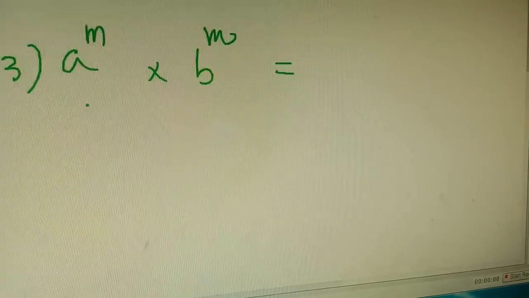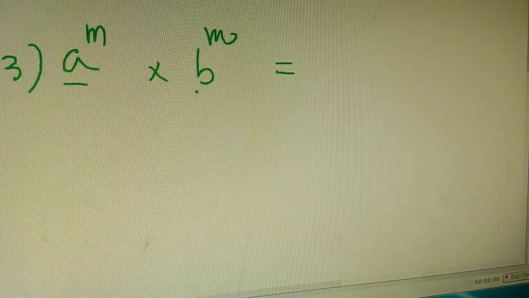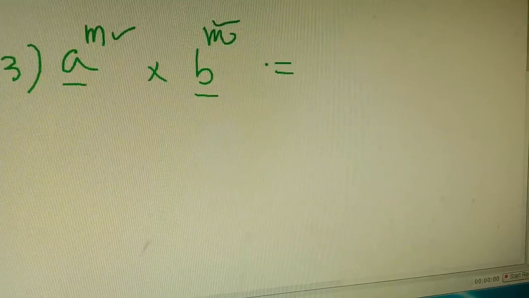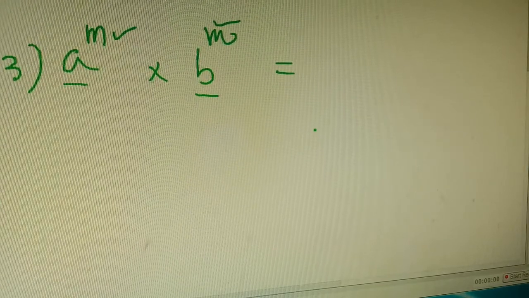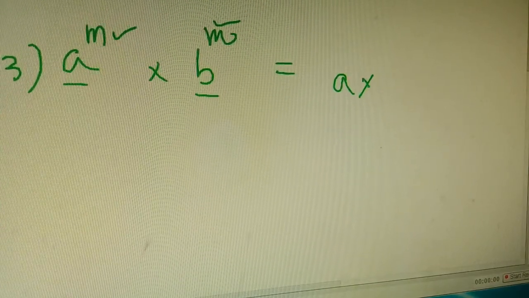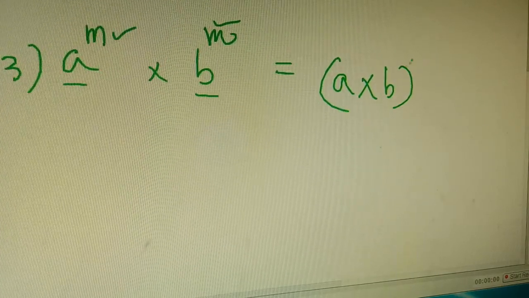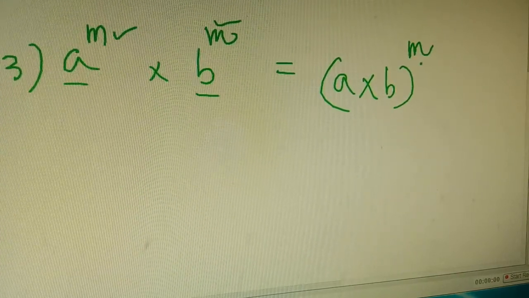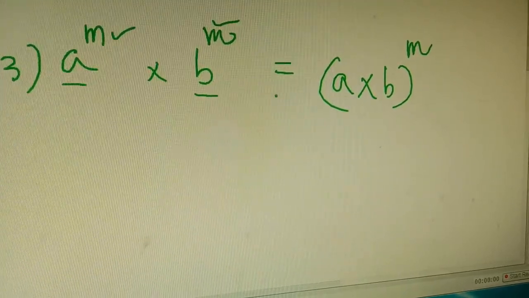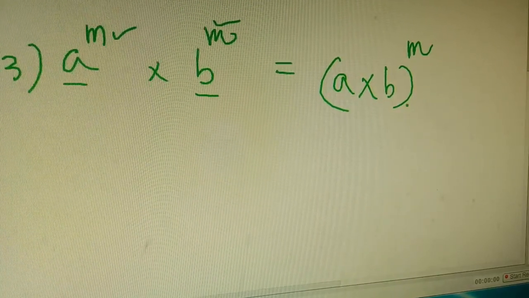Here the bases, a and b, are different, but the power m is the same. a to the power of m into b to the power of m is a into b to the power of m. Now, clear?